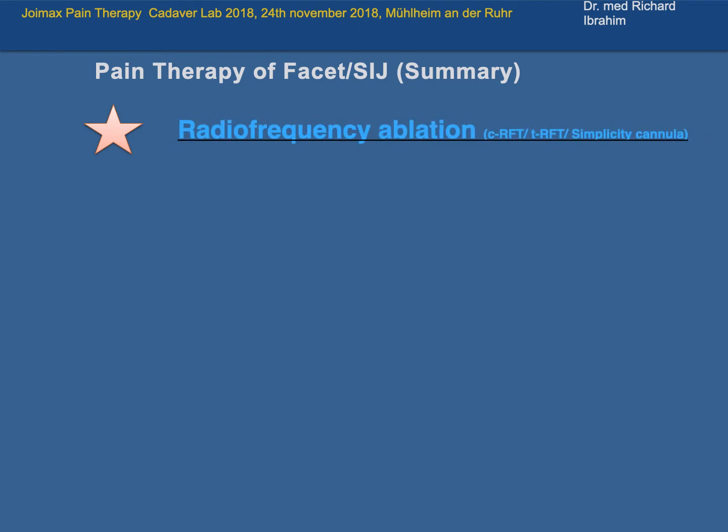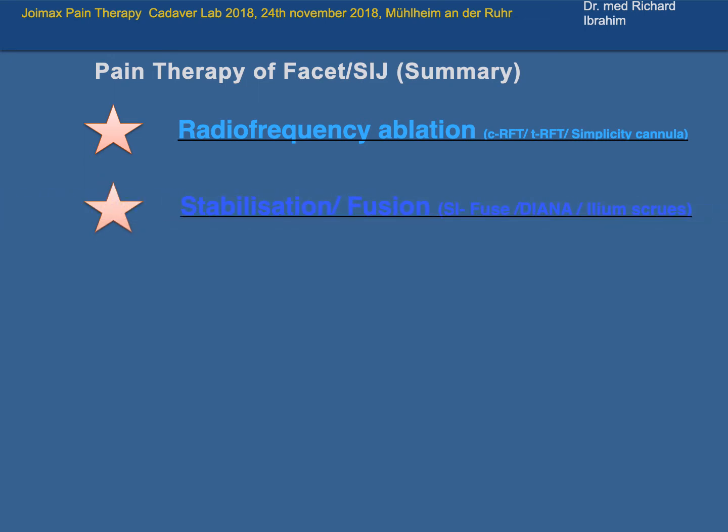It's well known by radiofrequency, for more than 40 years, with a cooled radiofrequency at 40 to 50 or 60 degrees. You have the heating radiofrequency at 90 degrees, and of course you have some specific mechanisms, by SImplicity cannulas, for example.